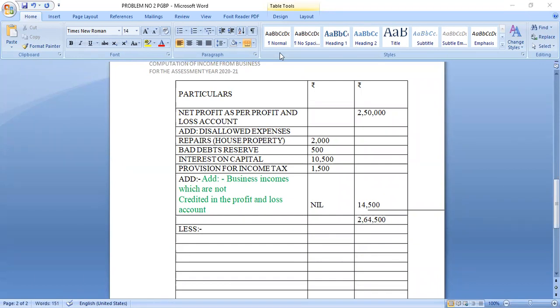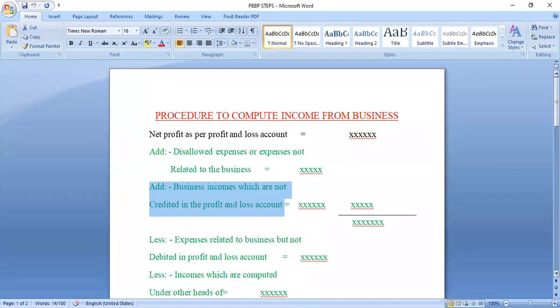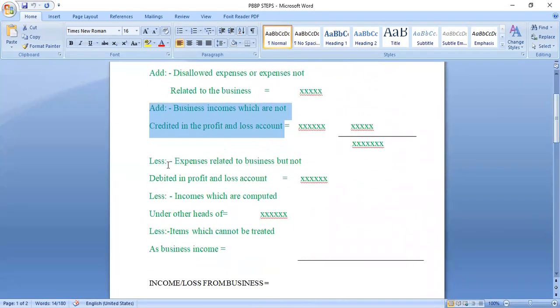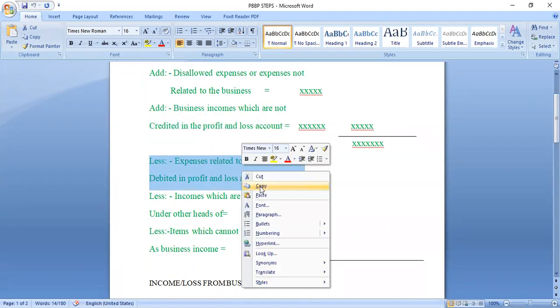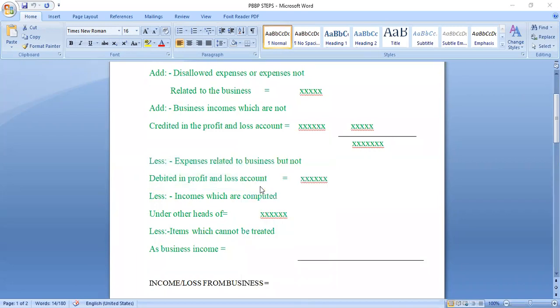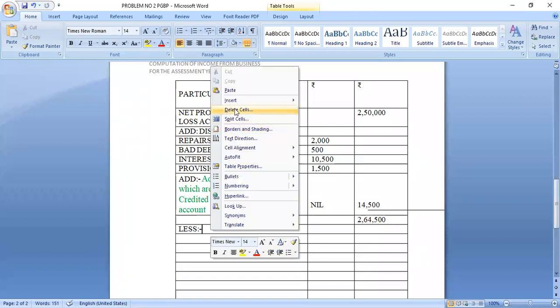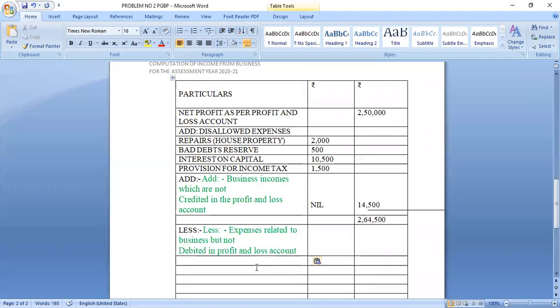Take the procedure, that format. Now the less items: expenses related to business but not debited in P&L account. So you have to copy and paste it there.